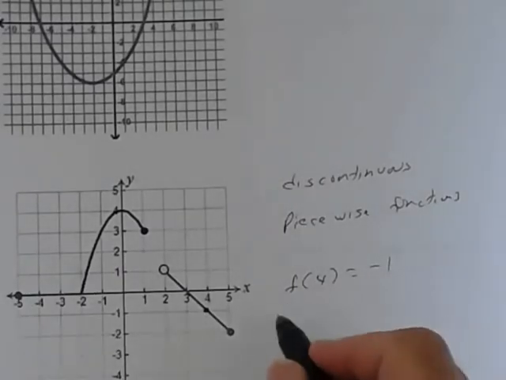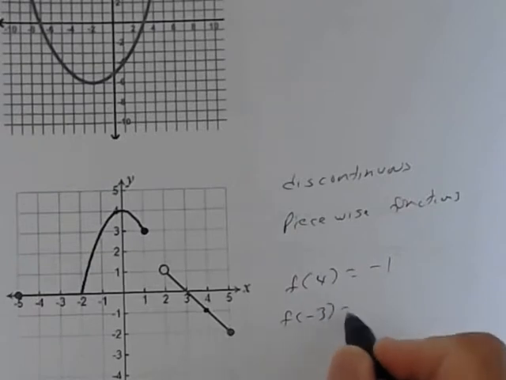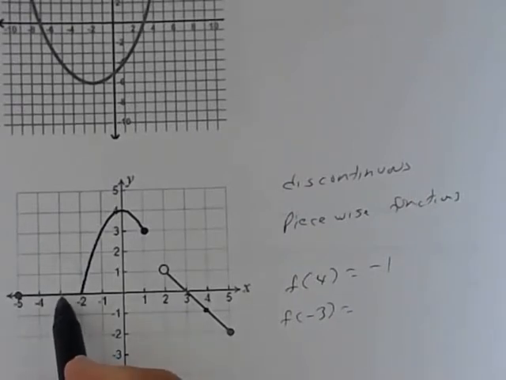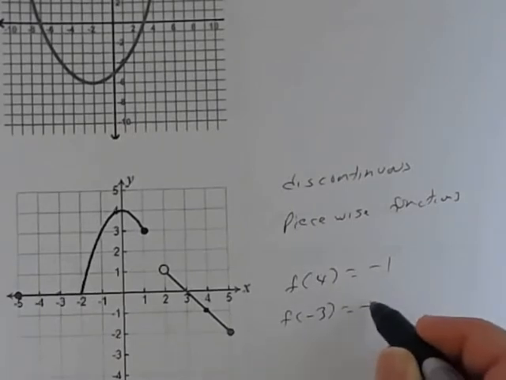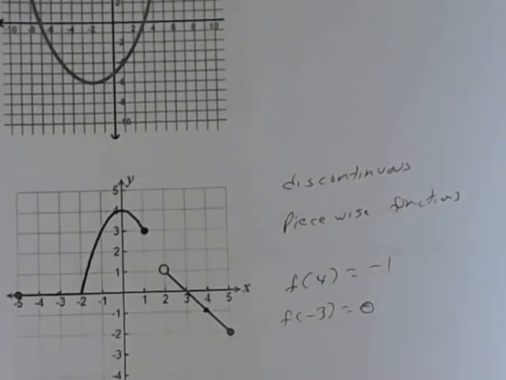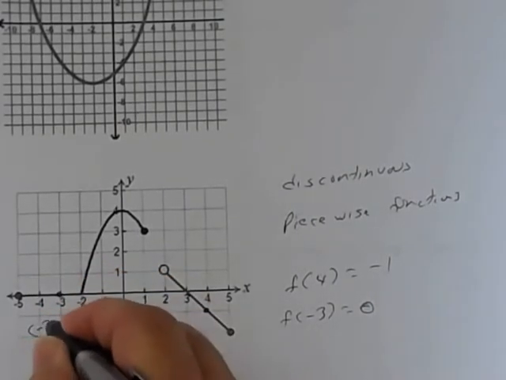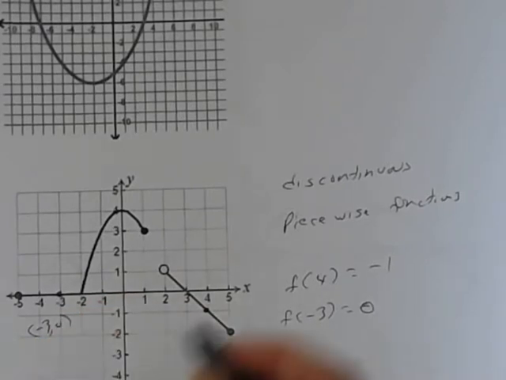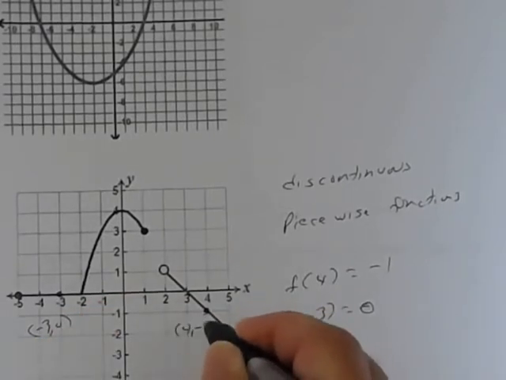Okay? What is f of -3? Oh, be careful. It's 0. That's this point right here, right? So f of -3 is 0. Y'all agree, right? That's -3, 0. This right here was 4, -1, correct?